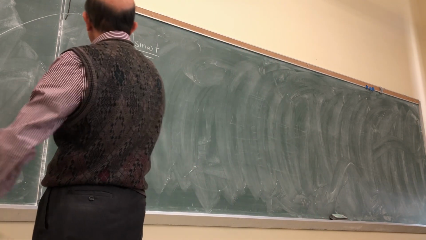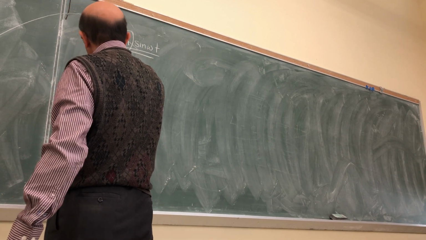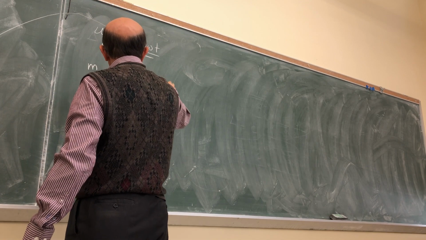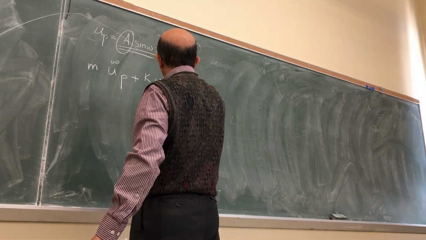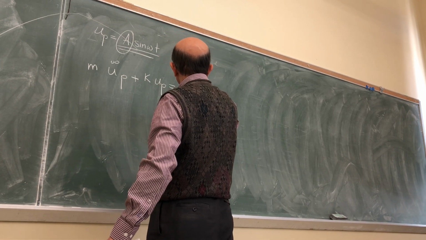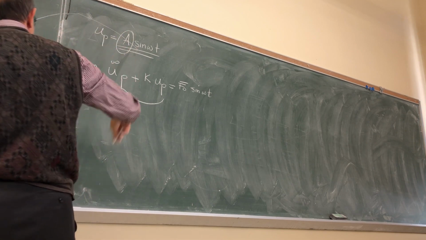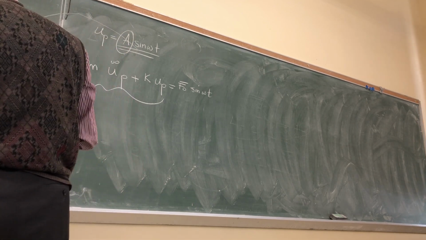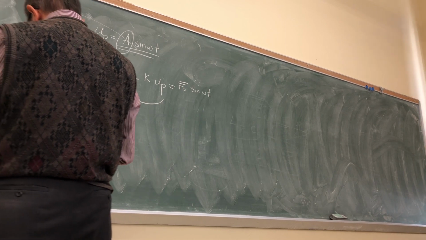So if you do that, you take m u double dot of p plus k u of p equal to f0 bar sine omega t. If you take a second derivative of that, this is what it becomes.